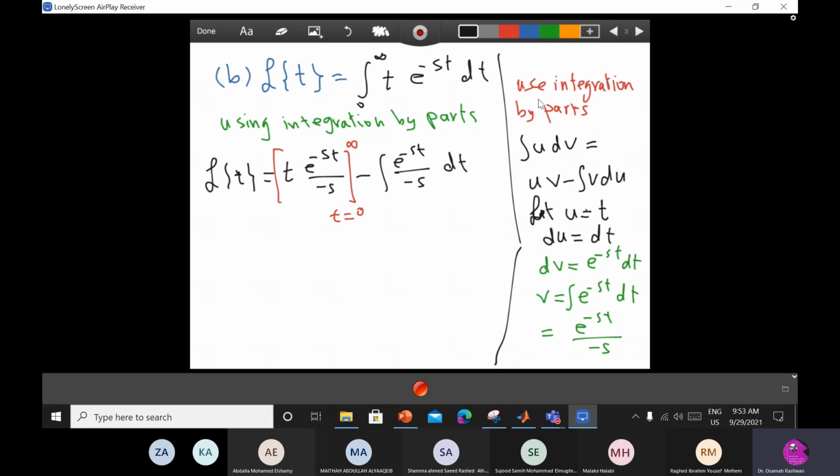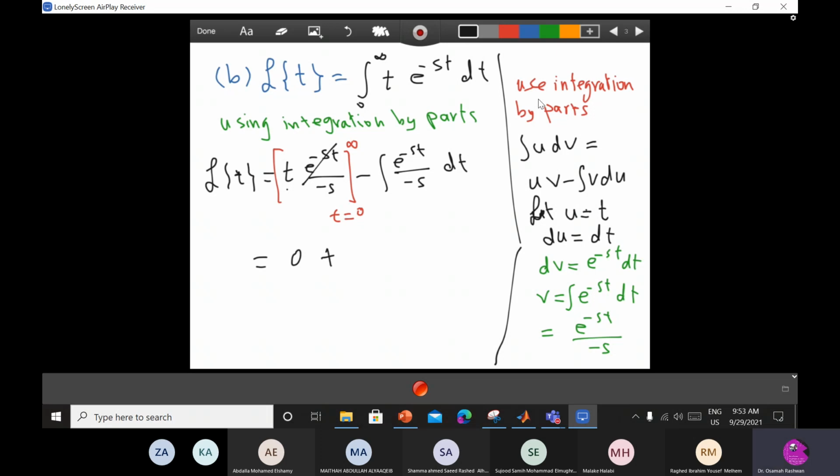Now I know e to the minus infinity will be what? 0. And when t equal to 0, t will be 0 and e to the 0 will be 1, so 0 times 1 is 0. So I end up with 0 here.